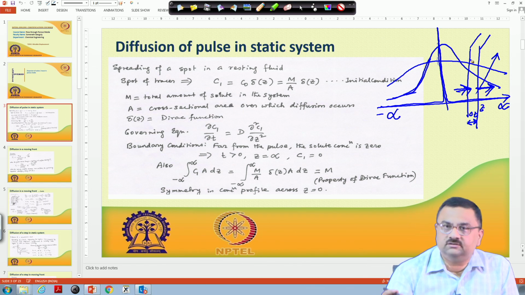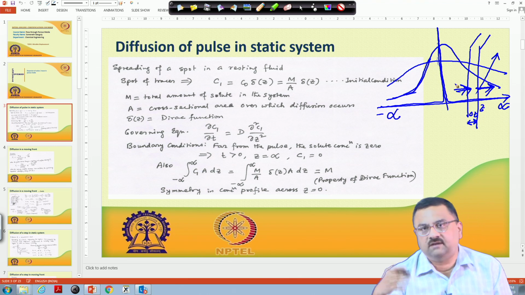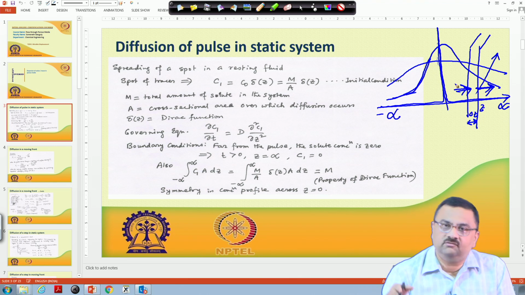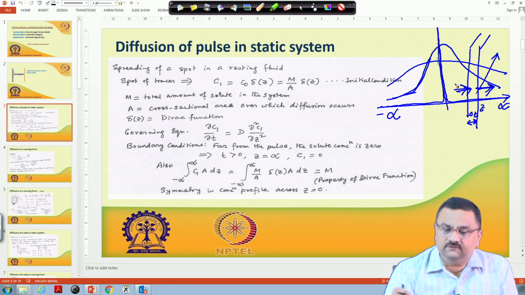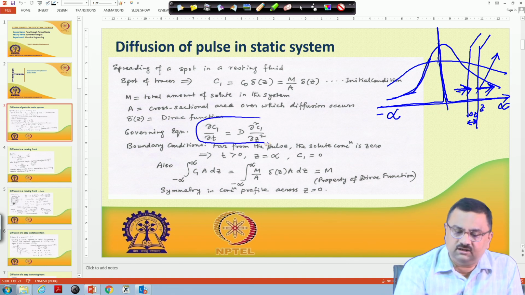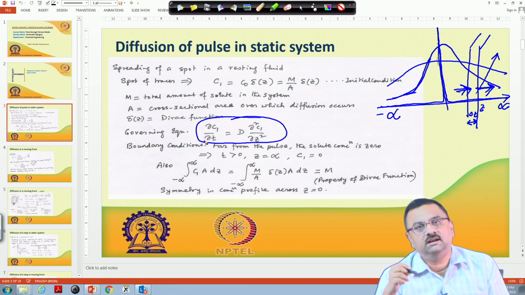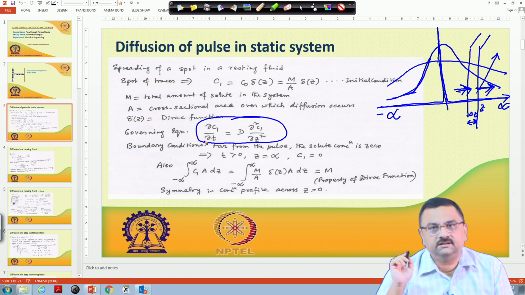Then flux from the left hand side minus flux from the right hand side is equal to accumulation in this volume. If you do this, you will end up with Fick's second law, which is del C by del t equal to D del square C by del z square.